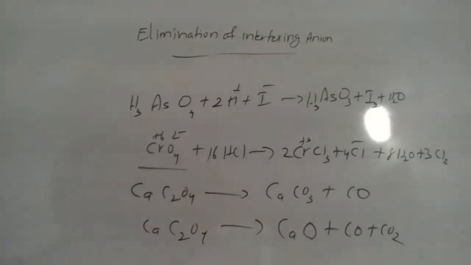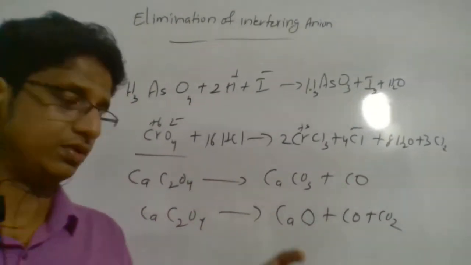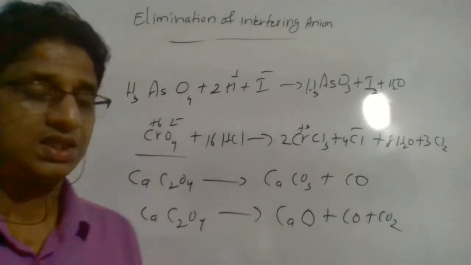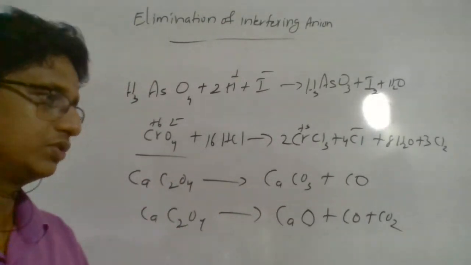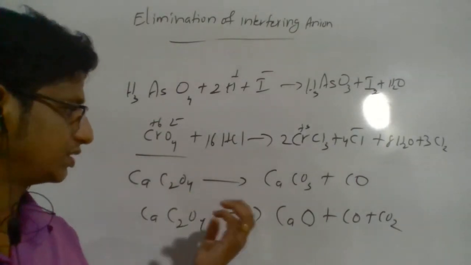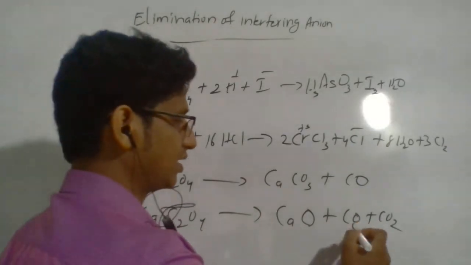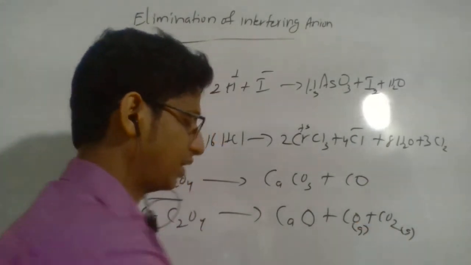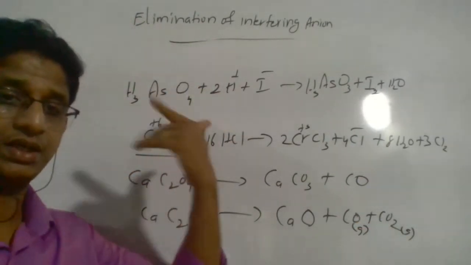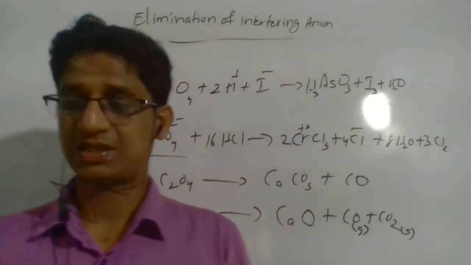It's all about converting this oxalate into some other compound so that it does not cause unwanted interference. So calcium oxalate is converting mainly into carbon monoxide and carbon dioxide gases, right? So the gases will be eliminated. That's the way you can eliminate oxalate as well.